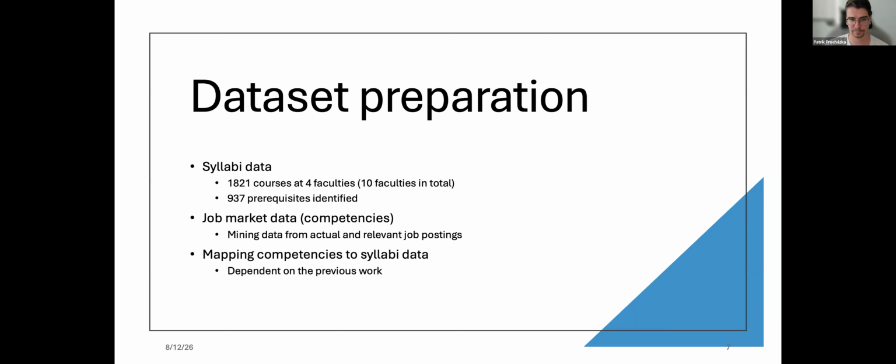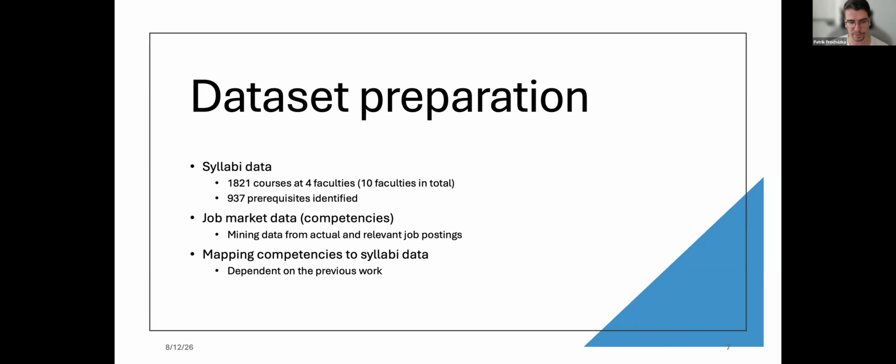But these prerequisites can be cumbersome or not. It's artificial, but someone says that before you take advanced programming, you should have the basic programming class, right? But someone coming from a technical high school can already have the basics of programming, and then he needs to take one more course to be able to move his skills forward. So that's about the prerequisites. Sometimes it's not really helping students.